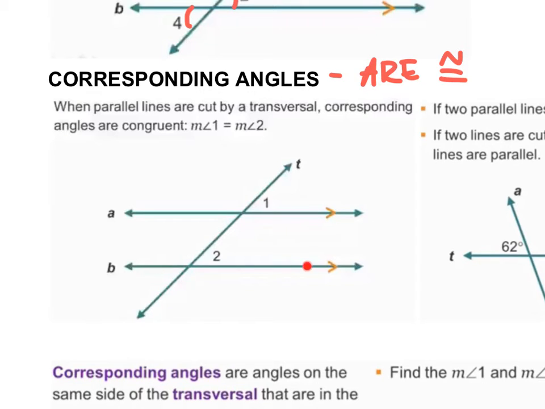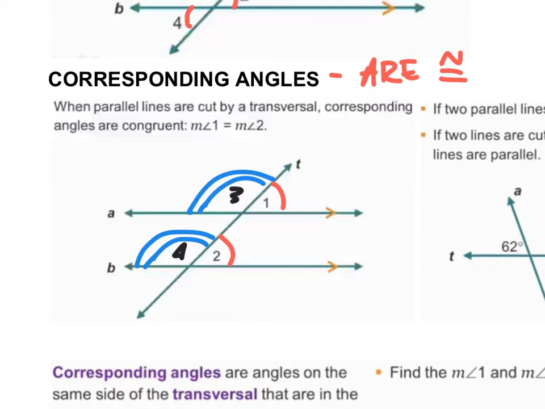So parallel lines, when they're cut by a transversal, angles 1 and 2 are going to be congruent, okay? And that would work for any other. Let's say you had 3 and 4. Those angles would be congruent, okay? And in this, I'm using two arc marks because those are a little bit different, okay? So if I were to create angles inside of this picture, those two angles would also be congruent, okay?